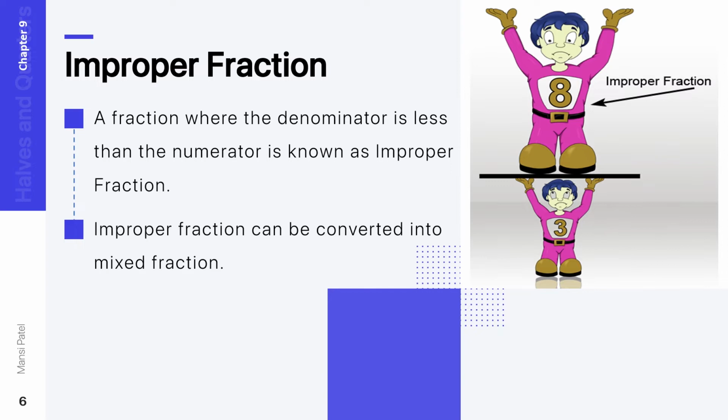Why do we convert an improper fraction into a mixed fraction? Because this fraction is not a perfect fraction. That's why we can convert it into a mixed fraction. In a proper fraction, the numerator is less than the denominator, whereas in the improper fraction, the denominator is less than its numerator.